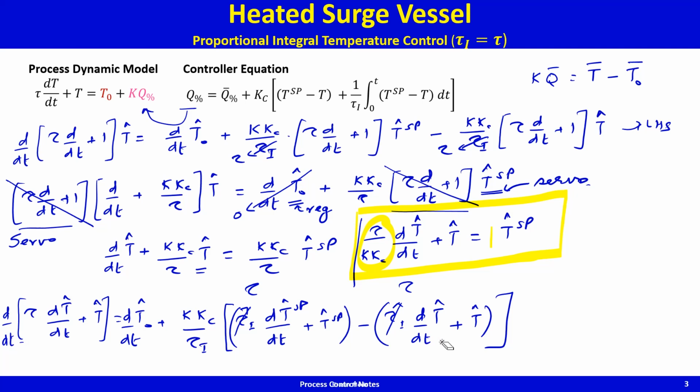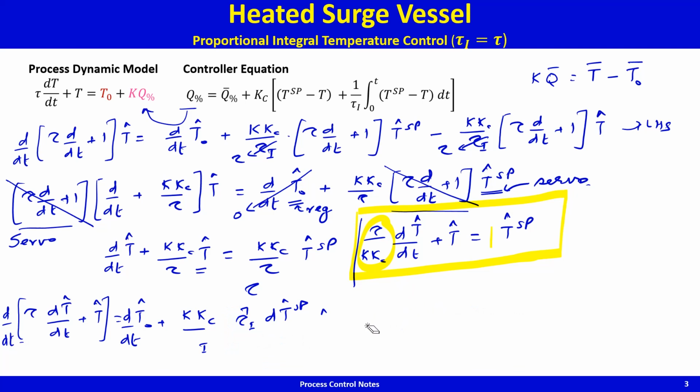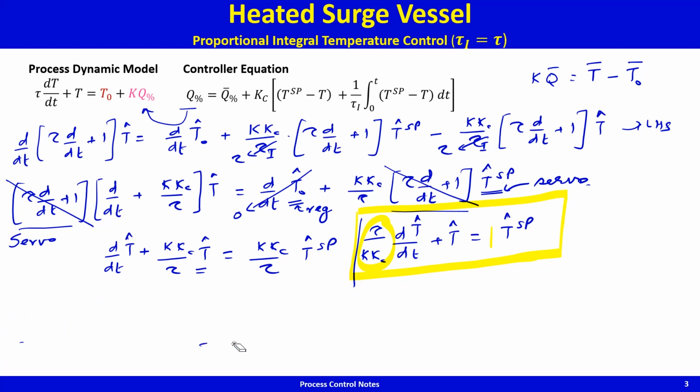and we know that the solution of this is for a step change in t set point, where t tilde set point is equal to delta t set point. That means set point is somewhere, and then you give it a step of size delta t set point.